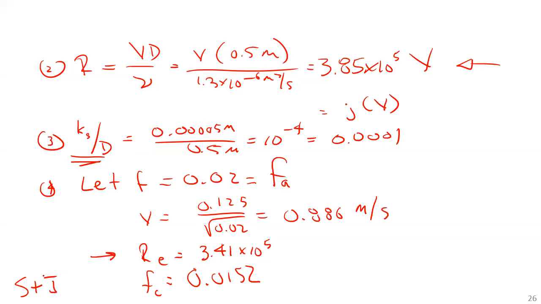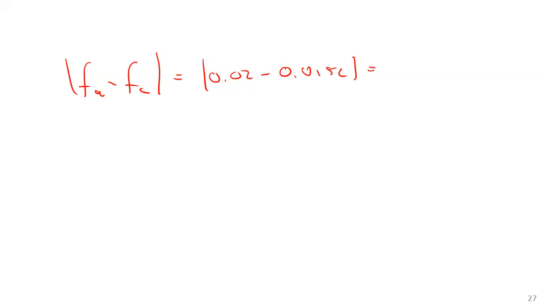And that gave me a computed friction factor. And now I need to look at the difference, f_a minus f_c, 0.02 minus 0.0152. And that difference is equal to 0.0048. And that is greater than the tolerance.